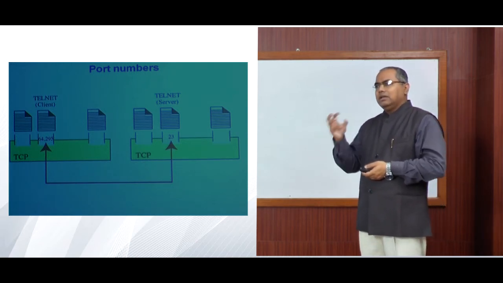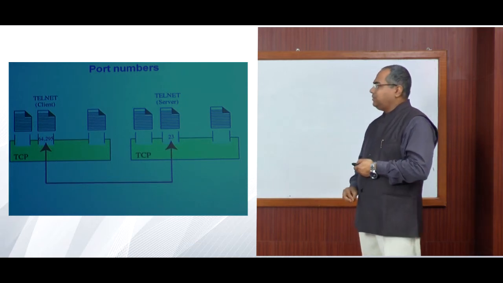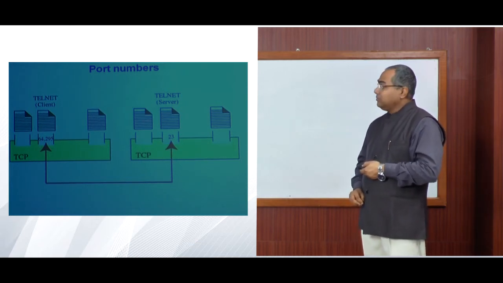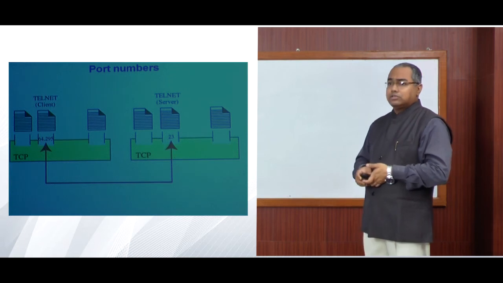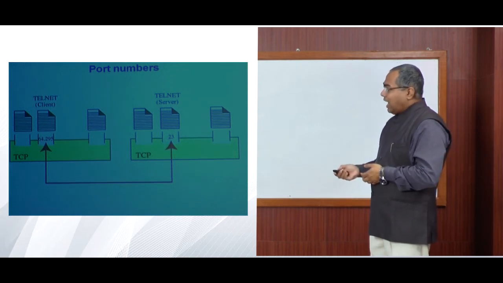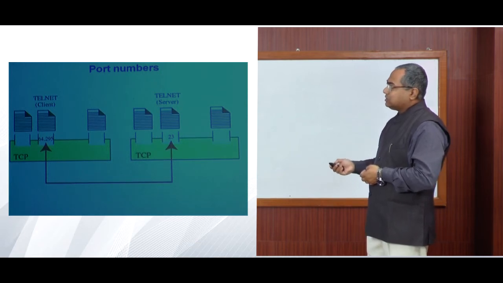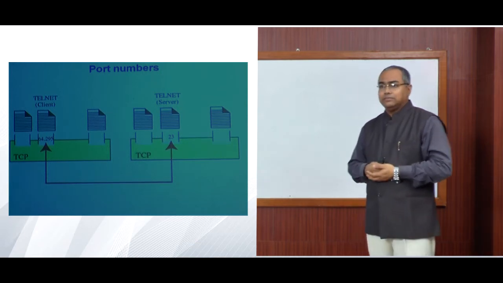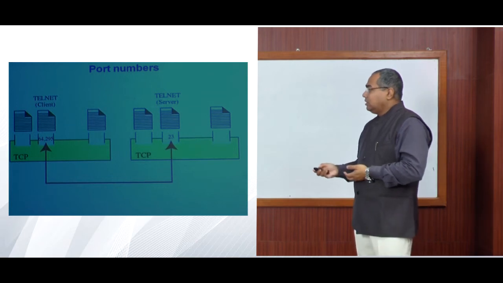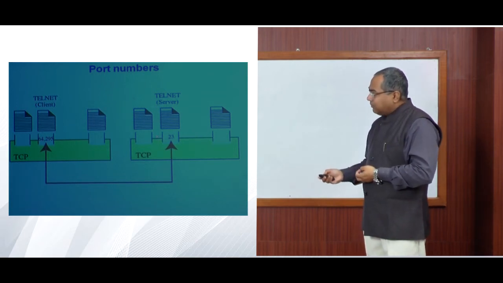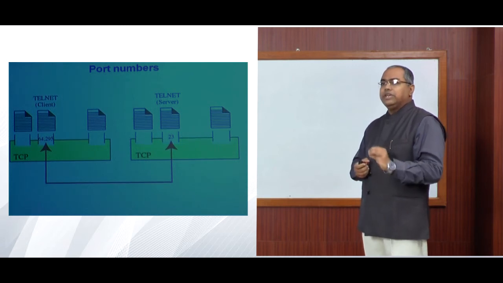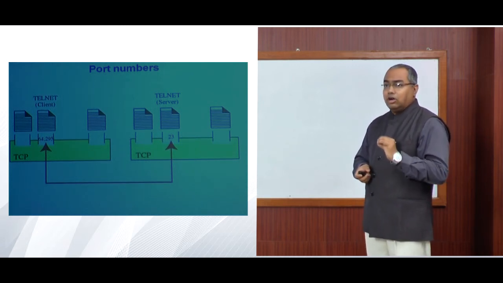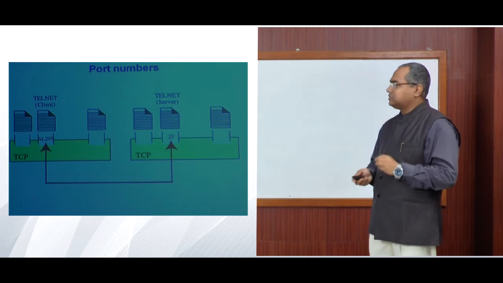In one liner, it will provide me with the IP address of that machine, but only IP address will not help. What needs to be done? I need the network port address in which the Telnet server process is running. So this port number needs to be a standard port number which is fixed for Telnet server or default for Telnet server process.